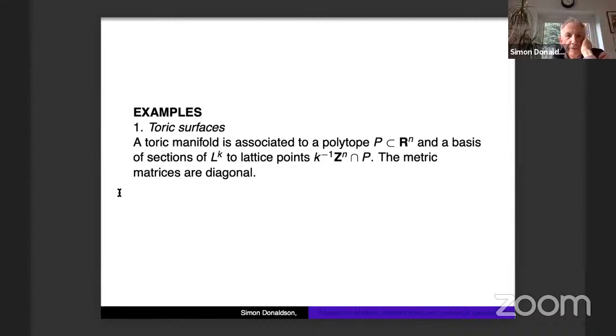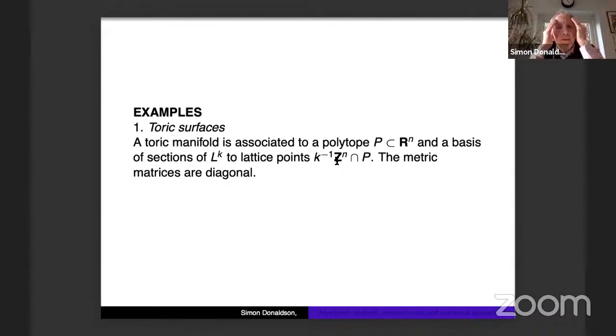So remember, a toric manifold has an associated polytope in Euclidean space, and everything works very nicely there. You have a basis of sections of L to the k corresponding to the lattice points inside the polytope when we take the integer lattice and scale it by a factor of k to the minus 1.